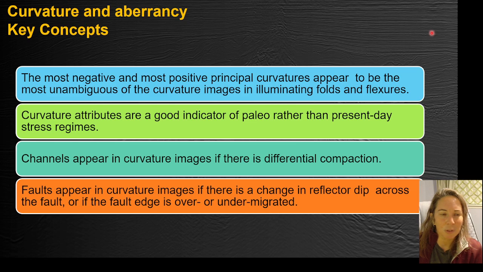I'll show some examples in later cases, when we go into certain depositional studies, about how channels really appear well in curvature, particularly if you have that differential compaction or those levees on the sides. But curvature is also really good for faults, as is aberrancy. Thank you very much for listening.